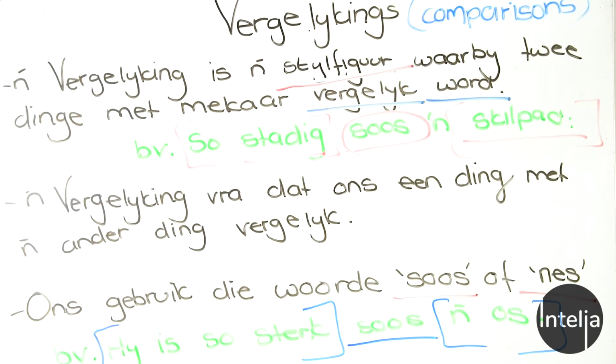Comparisons are usually used as an extensive description, as an exaggerated description. So I could just be like, oh, that boy is so strong. But if I go, he is as strong as an ox, that exaggeration on how strong he is gives you a better idea.